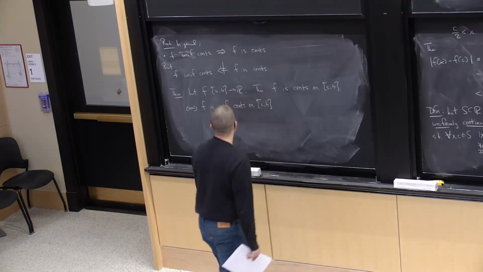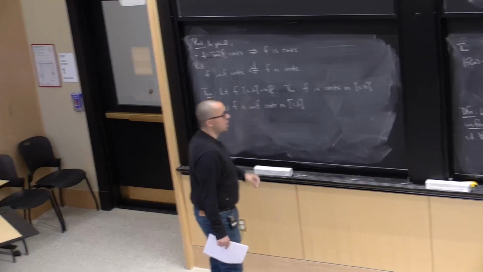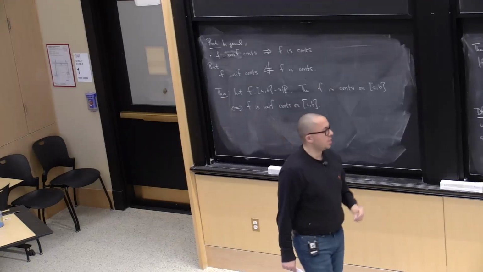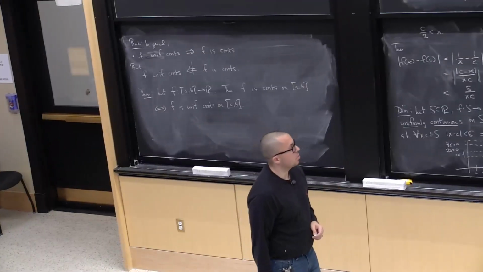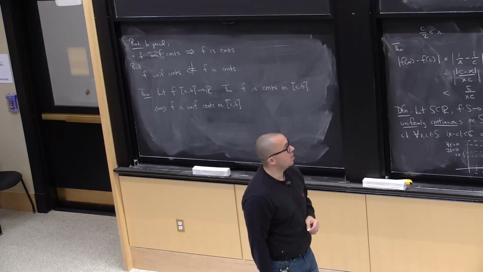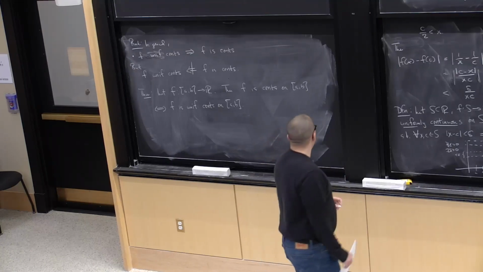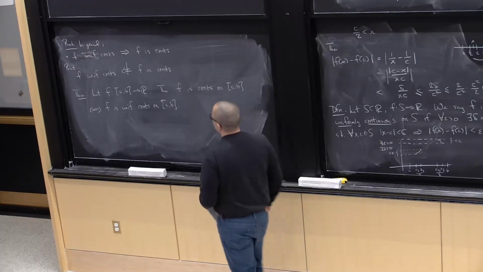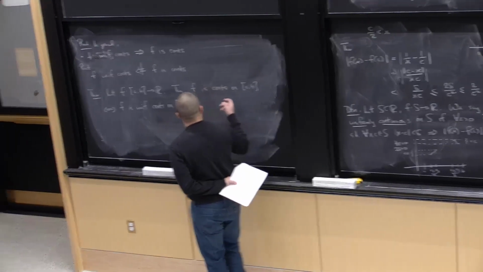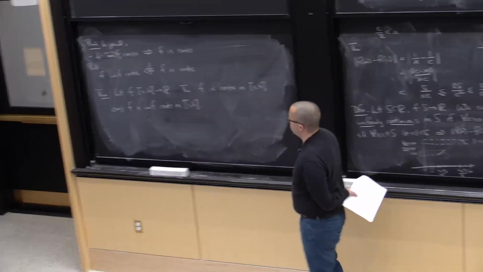The necessity of working on a closed and bounded interval is seen again by these examples: f of x equals 1 over x on 0, 1 and f of x equals x squared on R. But as long as we're looking at a closed and bounded interval, continuous is equivalent to uniform continuity.